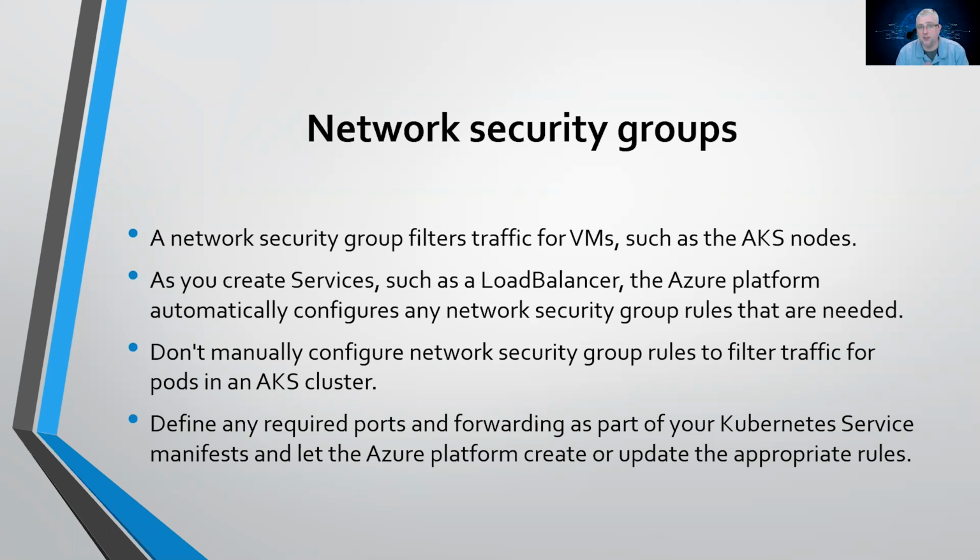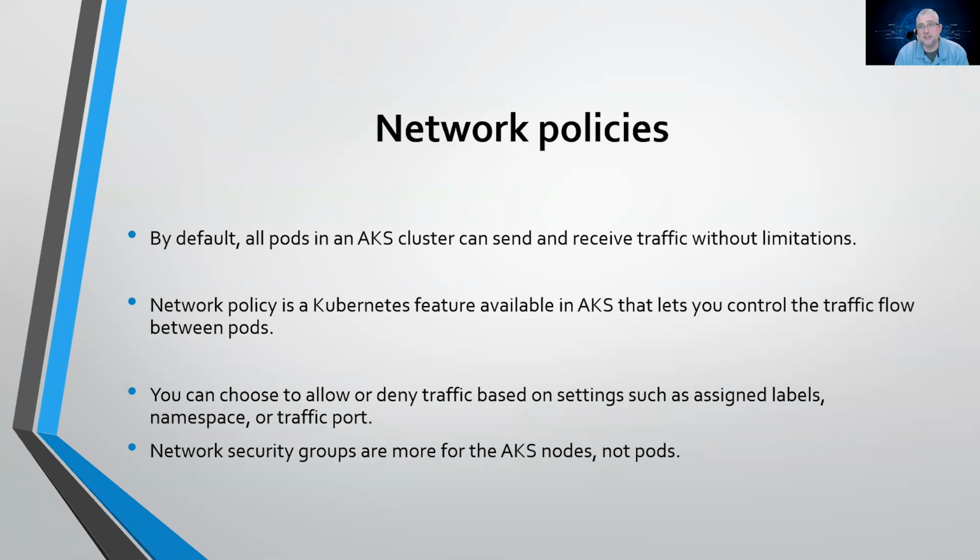If you need to do something with this, then you need to define those ports in your YAML manifest and let the Azure platform create those rules. Otherwise, you can mess up a lot of stuff, and if it's not in the manifest, when that gets blown away, it may just wipe them out, and then you won't know what's wrong, and you'll have to go figure it out. Network policies is the next step.